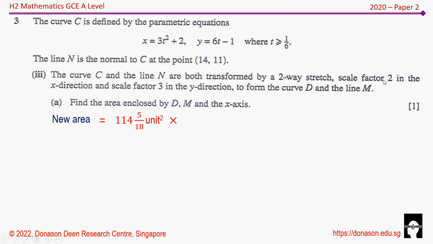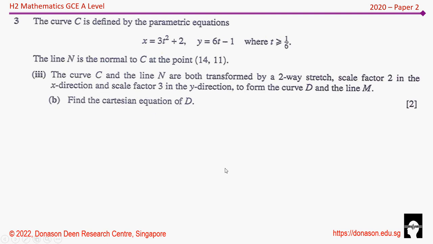Since we are stretching along the x-axis by 2, let's simply multiply by 2, and along the y-axis by a scale factor of 3, the area will triple. So if we multiply them together, it should give us a total answer of 685 and 2/3 unit squared. So that would be the new area enclosed by D, M and the x-axis, and that should give you 1 mark.